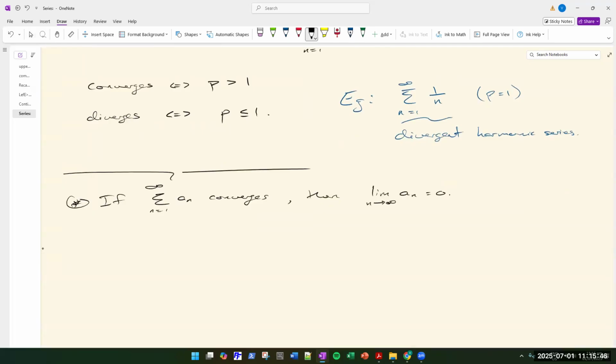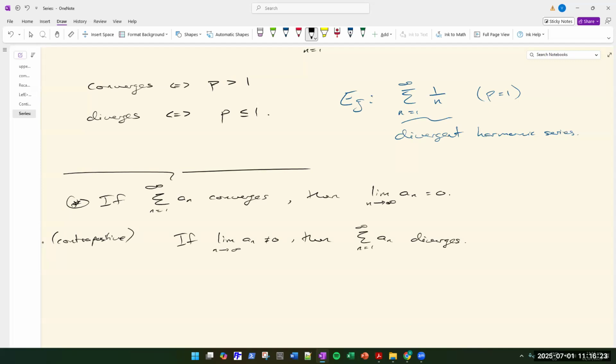And the contrapositive here, remember the contrapositive is just another equivalent way of saying the same thing. The contrapositive of this result is very useful. It says that if the limit of the terms is not going to 0 as n goes to infinity, then when you try to add them in an infinite series, it will diverge.